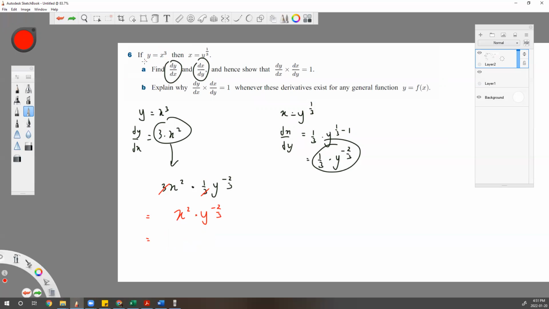So I substitute y by x cubed. So x squared times x cubed to the power -2/3, because the y is x cubed. X squared times x to the power -2, I forgot to write the over 3. X to the power 0, which is 1, proven for question A.